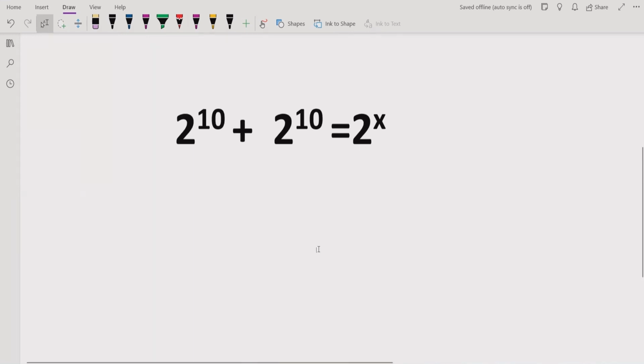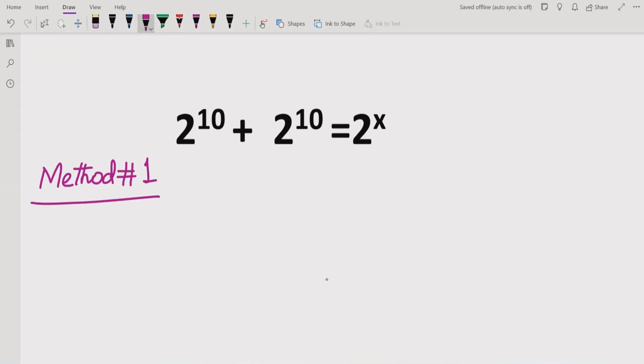This expression we can solve through multiple solutions. Here we will solve this expression by using two methods. Method one is very simple, which you can say is a childish or kiddish method. You can apply this method to find out the answer of this expression.